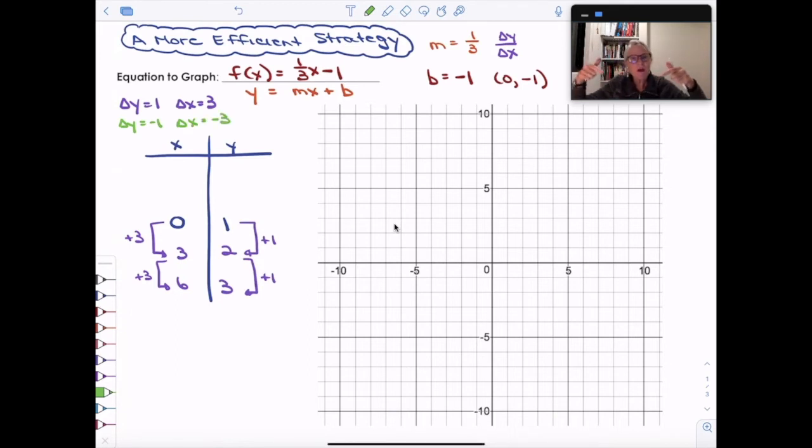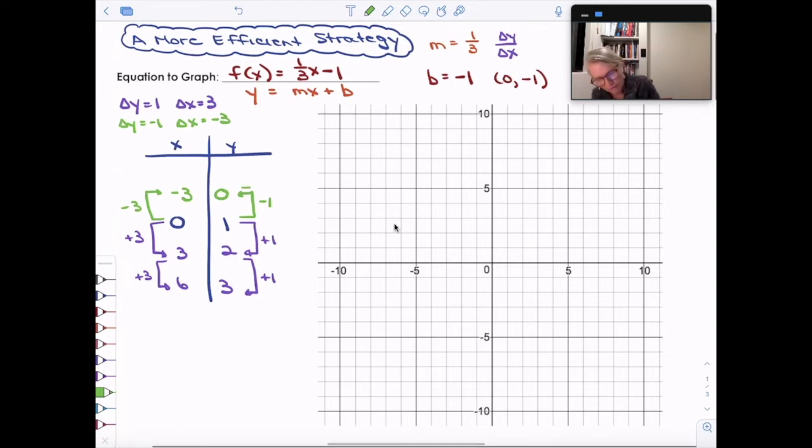So I'm now going to go the other way in the table. Starting with my anchor point again, my change in y is I want to subtract 1. That will take me back to 0. So I have to subtract 3 to get me back to -3. Subtract 1, subtract 3.